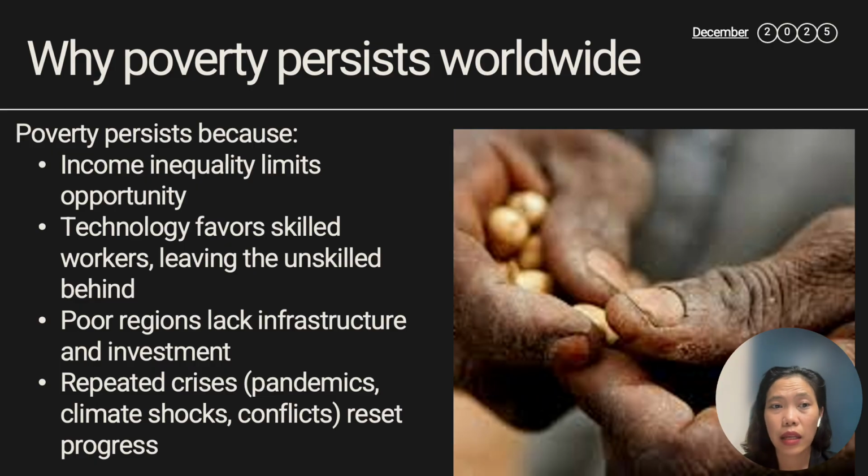So poor regions lack infrastructure and investment. You can see now the different infrastructures in northern Mindanao that were proposed or even started.